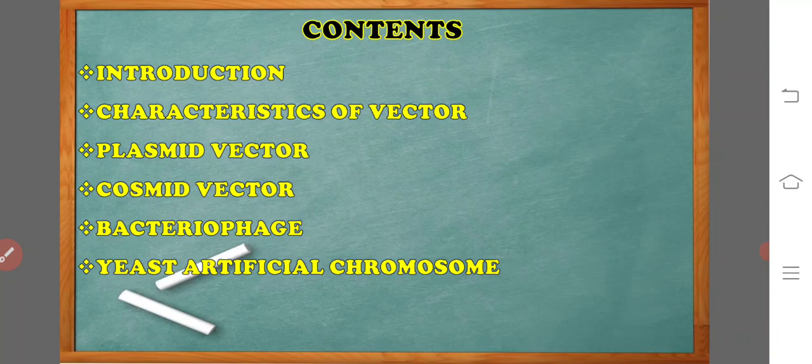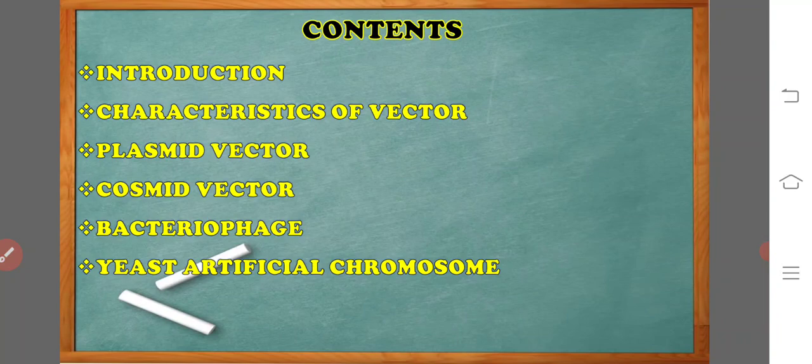Let us see how we will define cloning. Desired fragments of DNA inserted into a suitable vector to produce indefinite number of copies of genes is known as cloning or gene cloning.